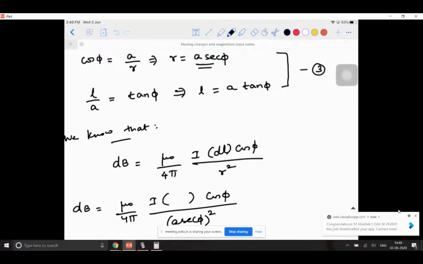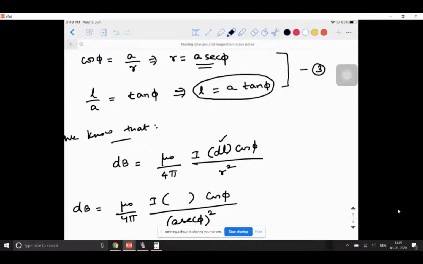But the question is, I don't have L here, rather I have dl. So what am I supposed to do? If I have x and I need dx, what do I need to do? Anybody? Differentiate, sir. Obviously.